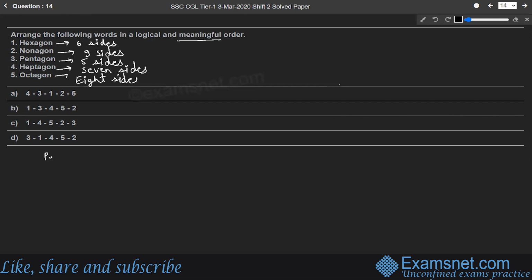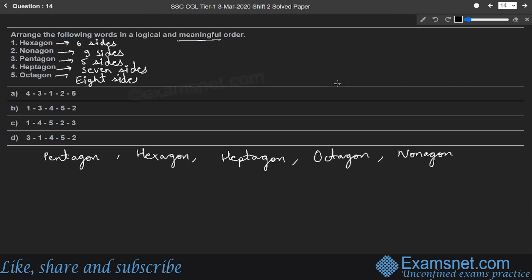So first will be pentagon, followed by hexagon, which consists of 6 sides, then followed by heptagon, which consists of 7 sides, then octagon, which consists of 8 sides, and then at last nonagon, which consists of 9 sides. Okay, so it is 5 sides, 6 sides, 7 sides, 8 sides, and 9 sides.